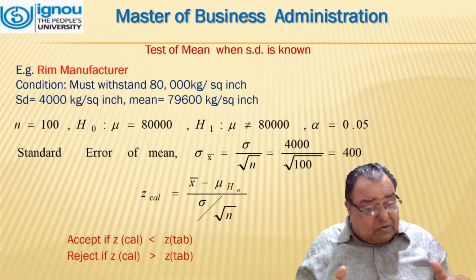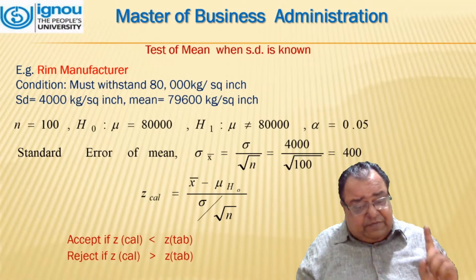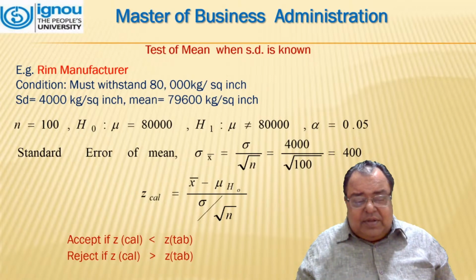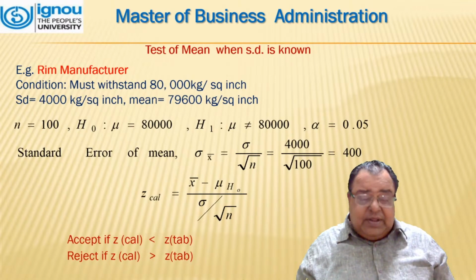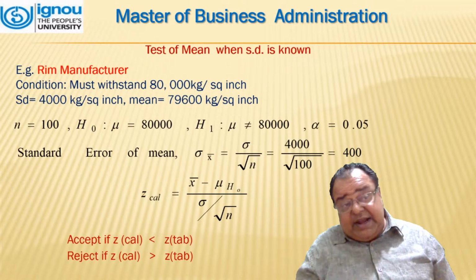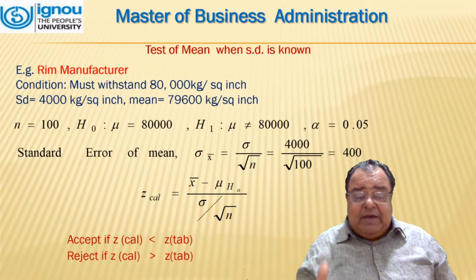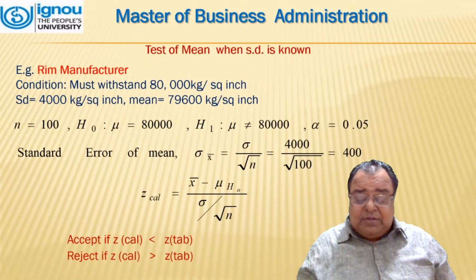Now how is the conclusion drawn? If Z calculated is less than Z tabular, we accept the hypothesis. And if Z calculated is greater than Z tabular, we reject the hypothesis.